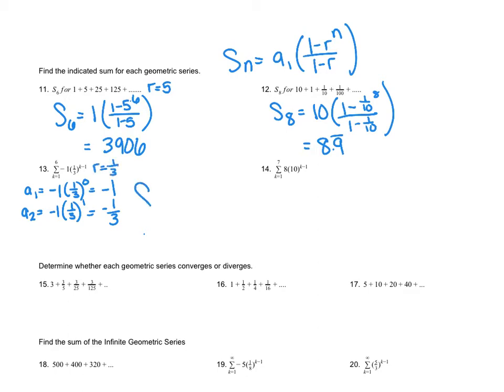So my sum of 6 equals my first term, which is negative 1, times 1 minus 1/3 to the power of 8 over 1 minus 1/3.